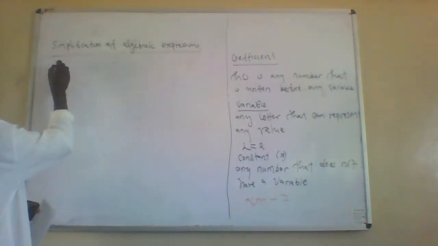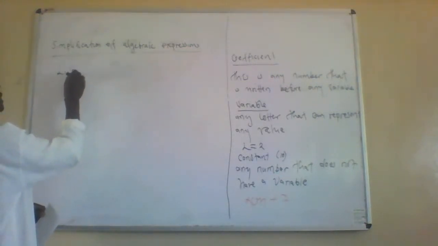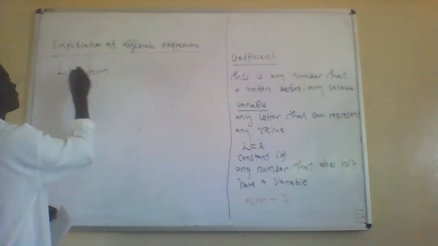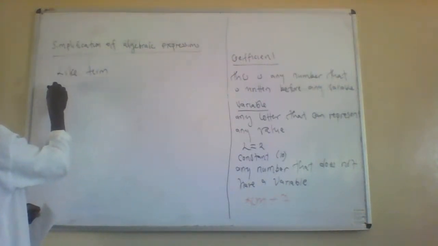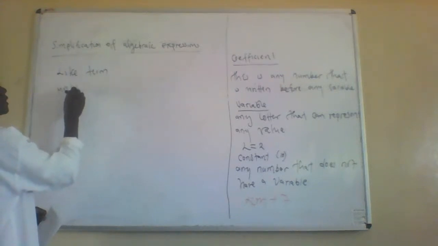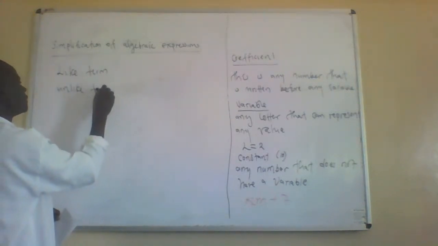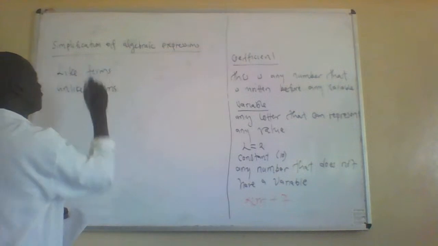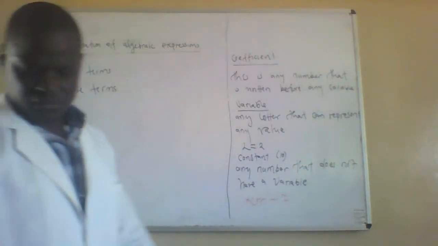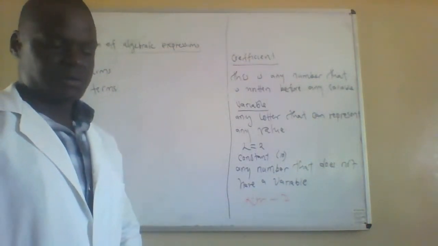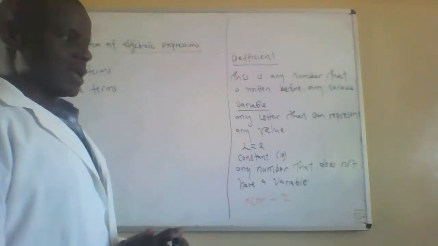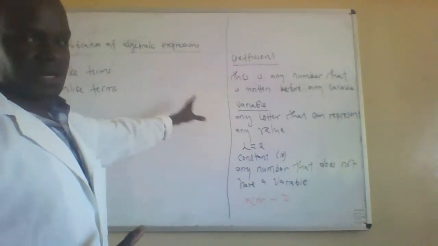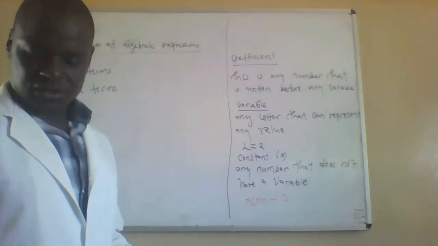The first thing is called like terms, as well as the unlike terms. Like terms and unlike terms, these are very important things that we need to understand so that even as we do much of the algebraic expressions, at least we'll have somewhere to stand.